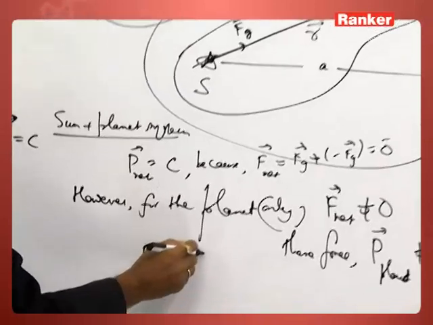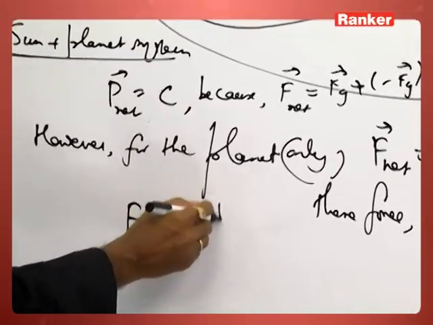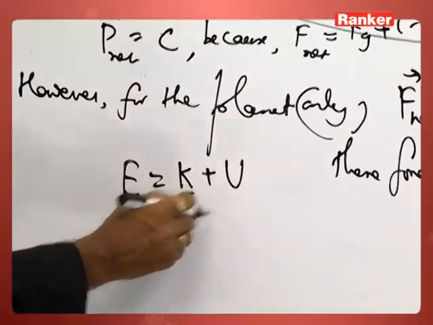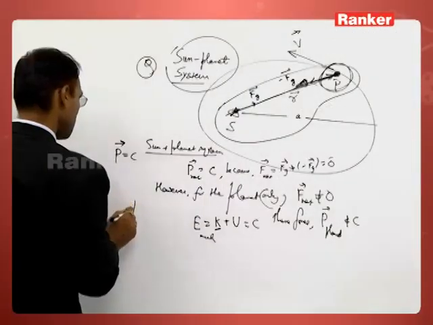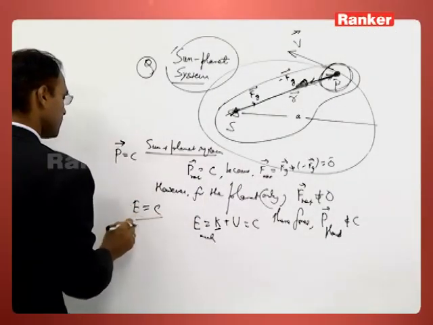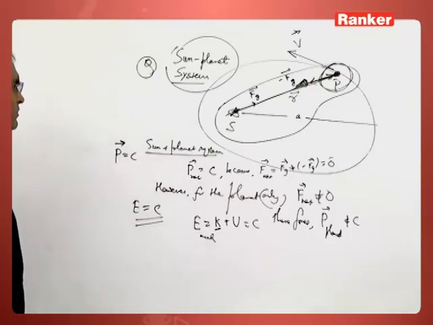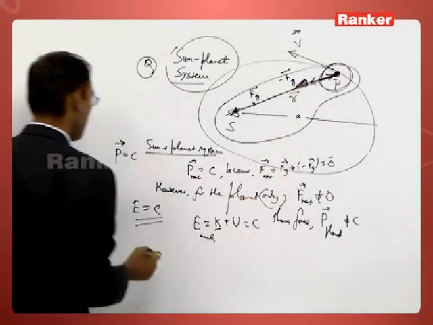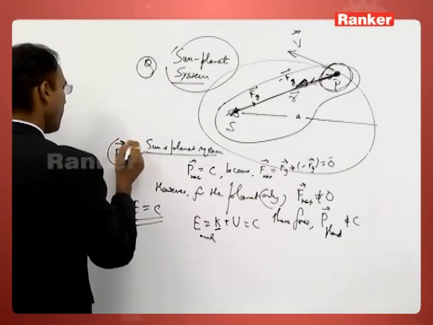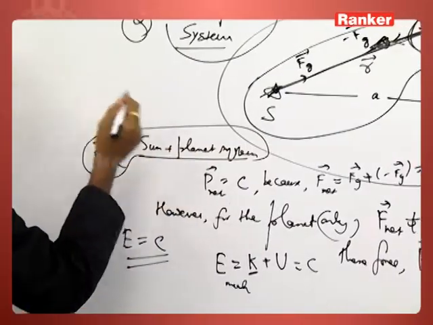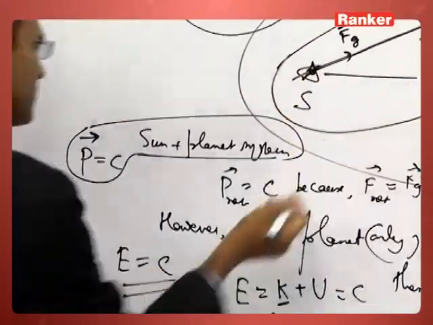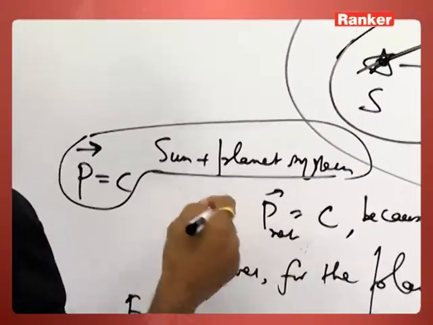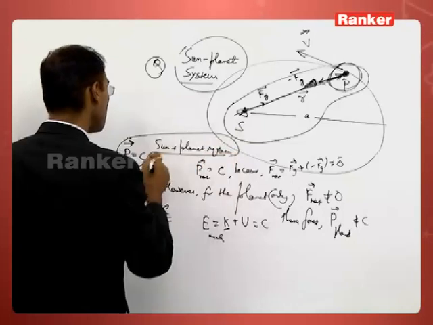Energy is equal to kinetic energy plus potential energy, total mechanical energy can be conserved. So, energy conservation holds good for the entire system. The linear momentum conservation also holds good for the entire sun plus planet system. However, for the planet, you cannot conserve it.